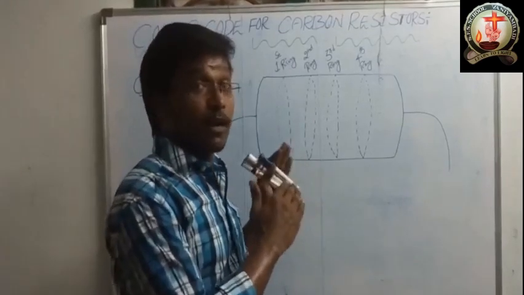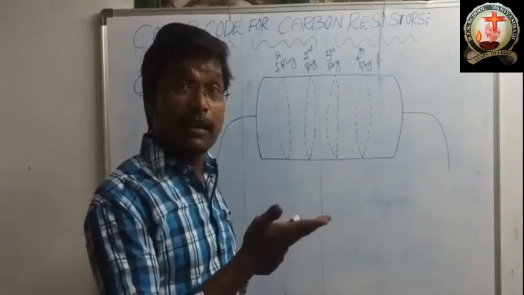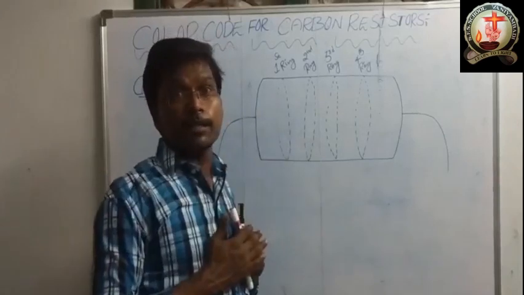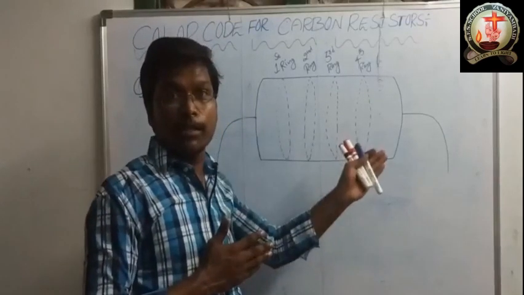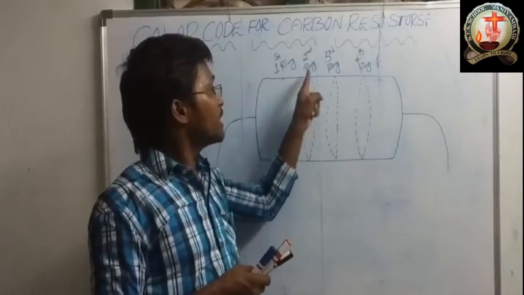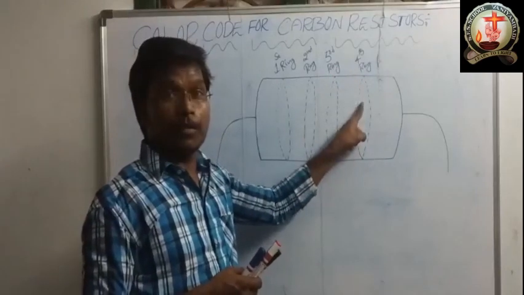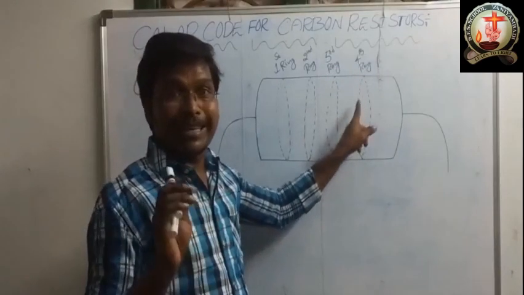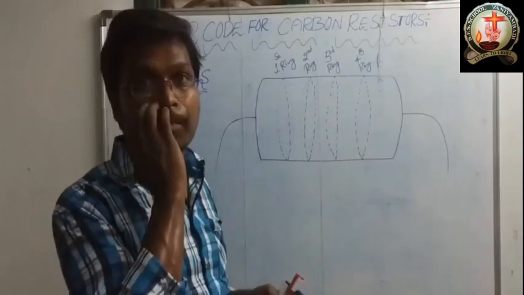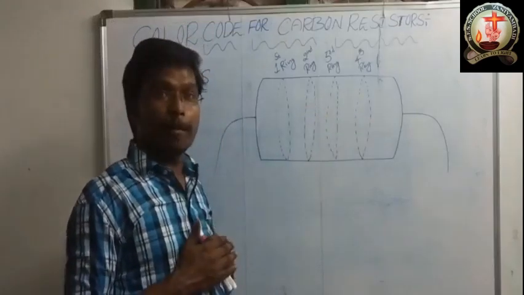By the use of those colored rings, we can easily find the resistance value of the carbon resistors. So how many rings does this carbon resistor have? See, this is the first ring, this one is the second ring, this one is the third ring, and this one is the fourth ring.